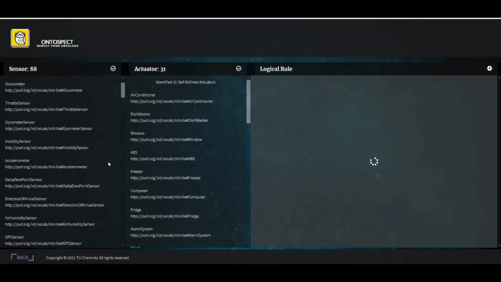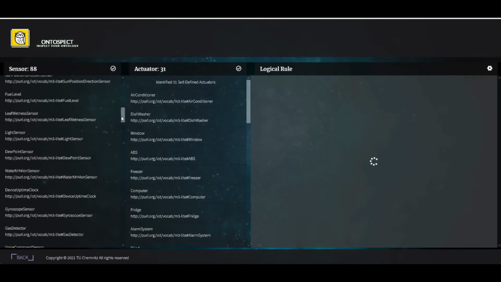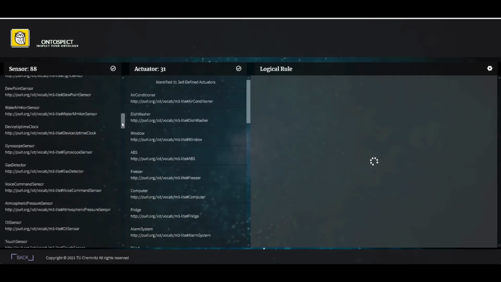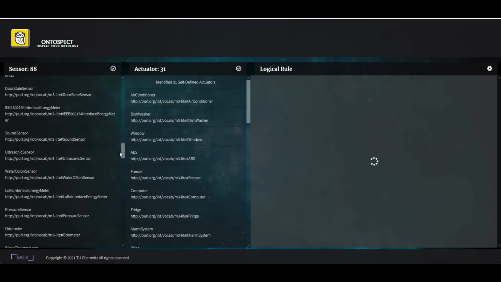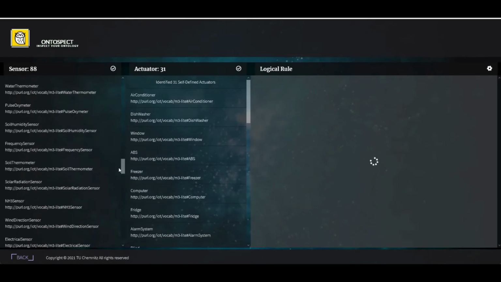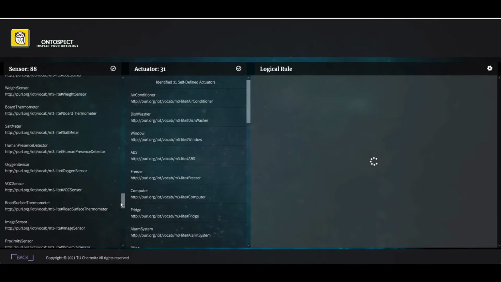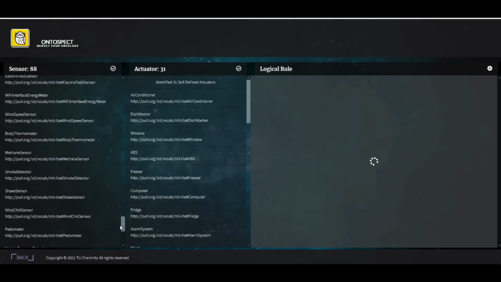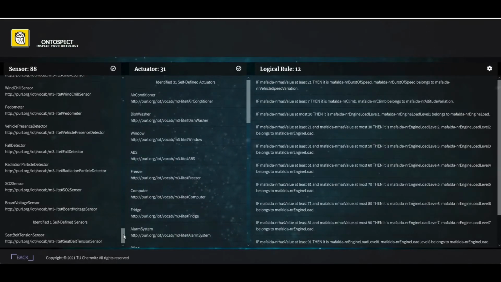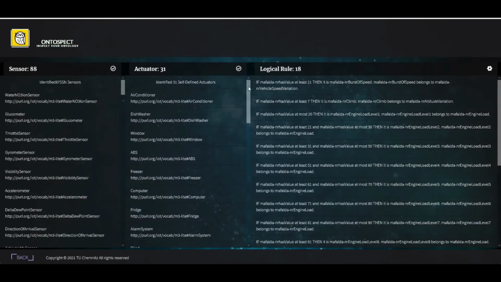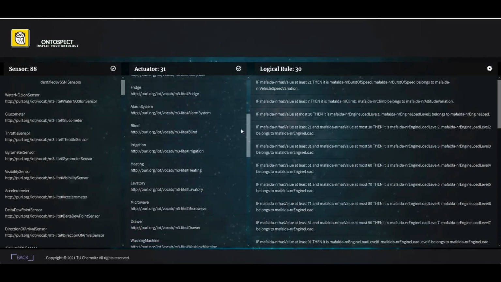Here we see on the left-hand side that 88 sensors are extracted from this ontology, for instance, gas detector, touch sensor, sound sensor, and so on. And in the middle, we see that 31 actuators are extracted from this ontology, for instance, air conditioner, dishwasher, ABS, freezer, and so on.